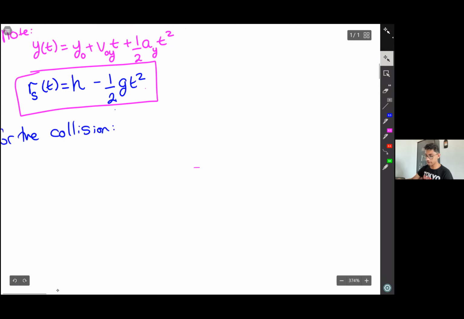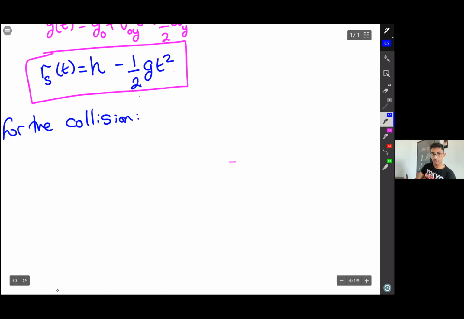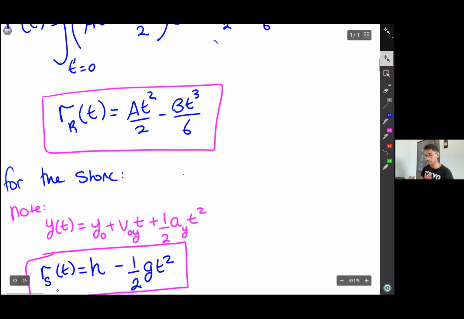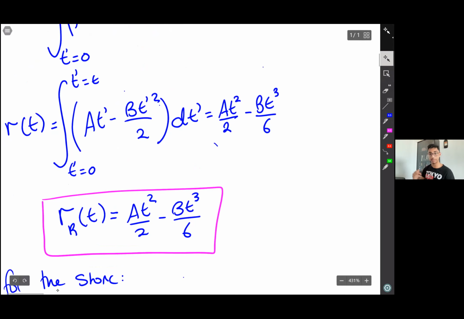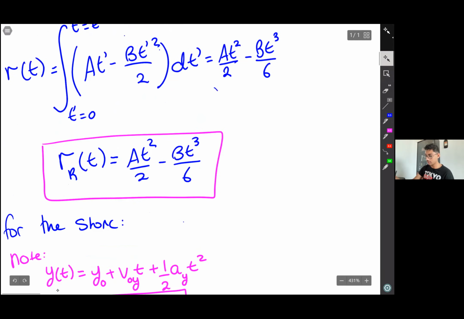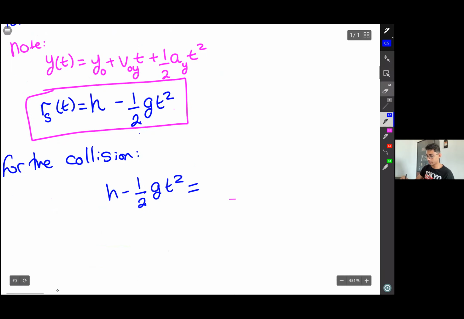So h minus 1/2 g t squared, r sub s of t, is going to have to equal r sub capital R of t, which we found was at squared over 2 minus bt cubed over 6.